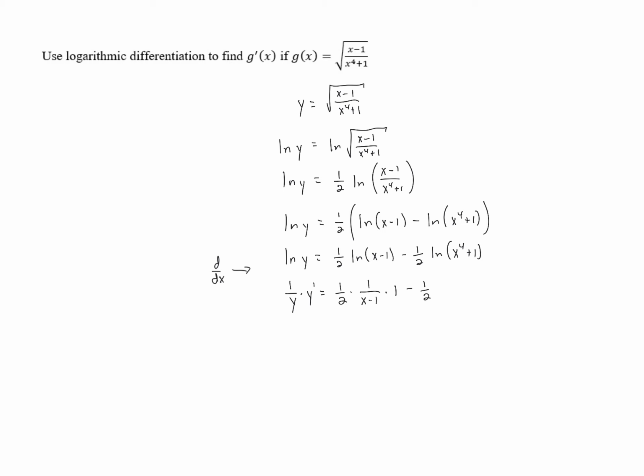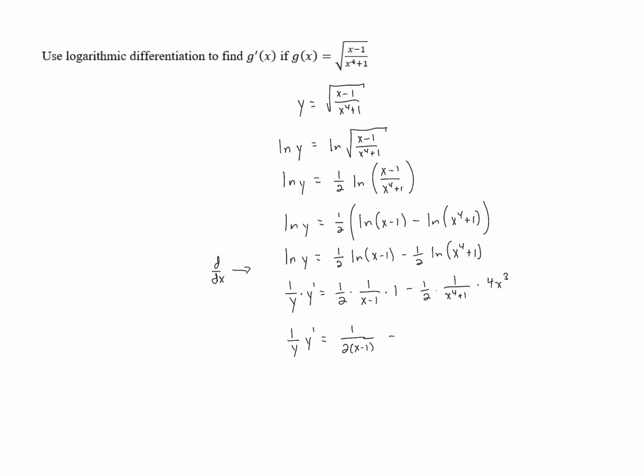Minus 1/2 times, again, the derivative of ln of u is 1 over u. So this is going to be 1 over (x to the fourth plus 1) times the derivative of the inside, which is 4x cubed. Now we can clean up the right-hand side a bit. The first one is just going to be 1 over 2 times (x minus 1).